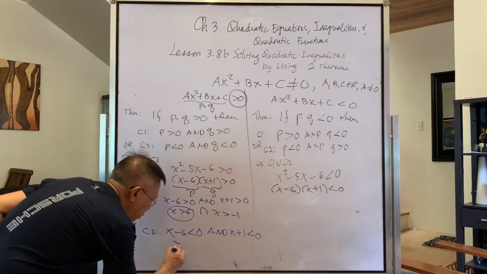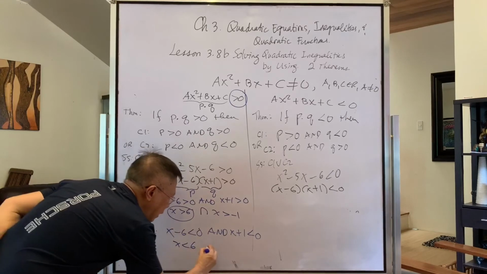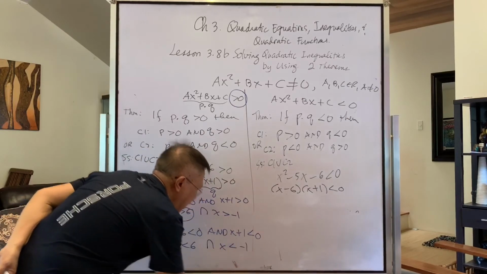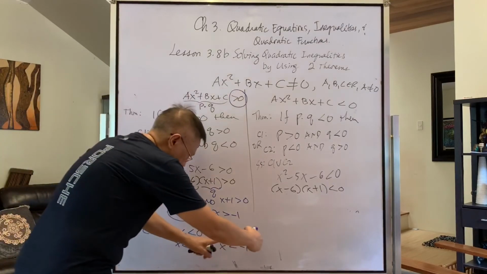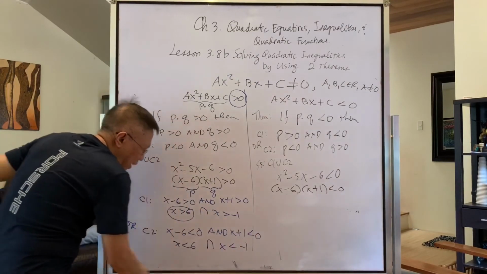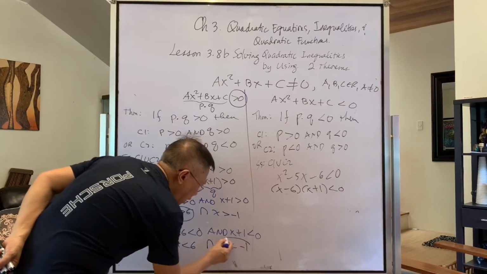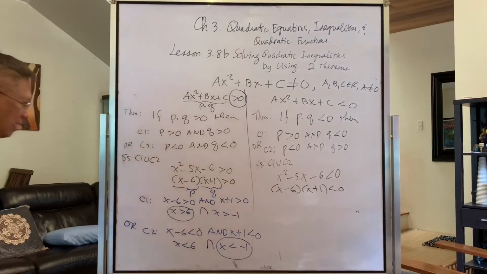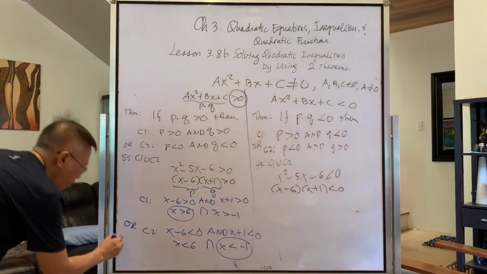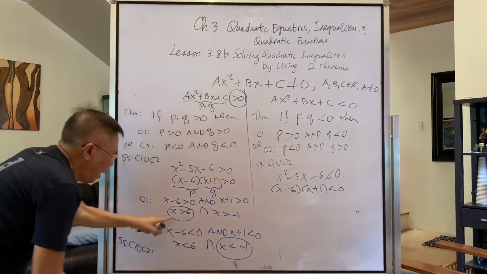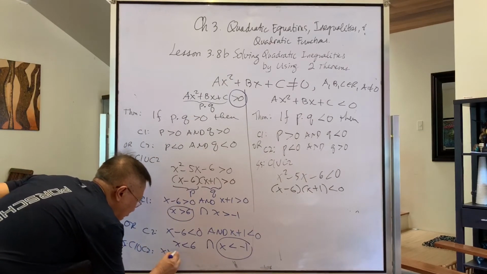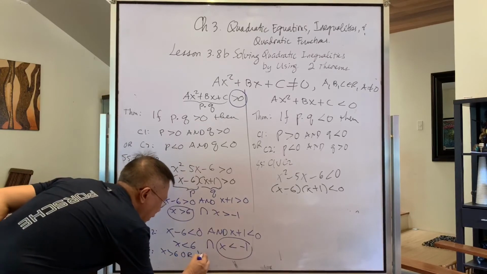For case 2, we have x less than 6 intersection x less than negative 1. And both of the inequalities are moving to the left and their intersection will be this. Hence, my solution set will be case 1 union case 2. I will have here x greater than 6 or x less than negative 1.